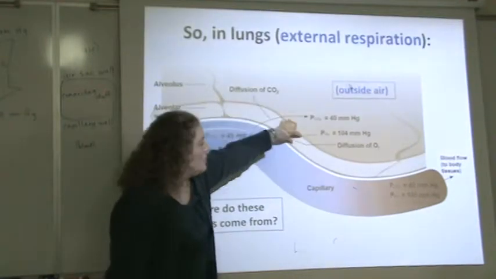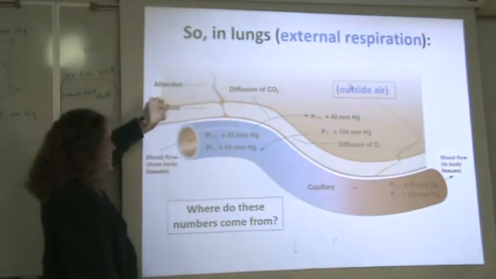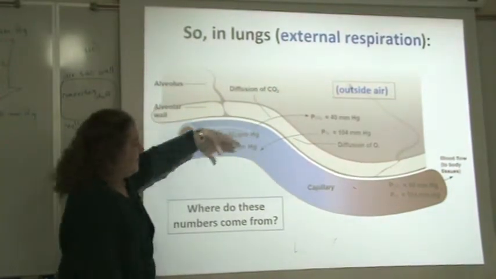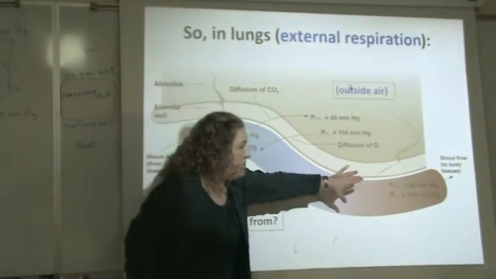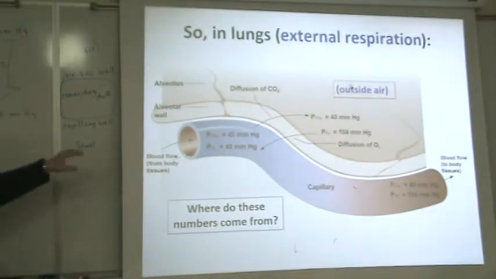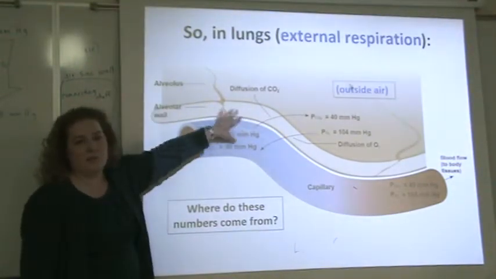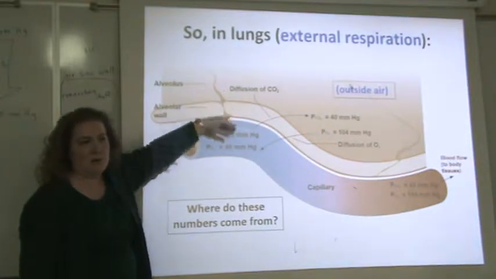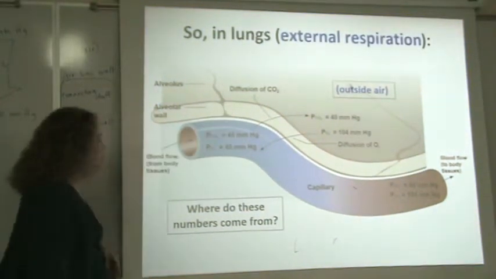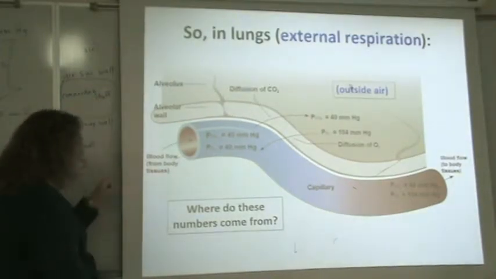Here would be the wall of an alveolus right here. So this is lungs. There's air in here. This capillary is going right next to it, so this is a pulmonary capillary. So we're looking at external respiration. Gas is moving from air to the blood in the lungs.